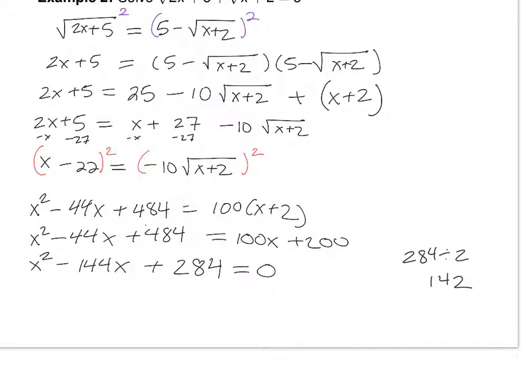Yeah, so 142 and 2 makes 144, right? So this factors into (x minus 2)(x minus 142). Somebody tried real hard to make this problem work out and have pretty answers. And so you get x equals 2 and x equals 142.